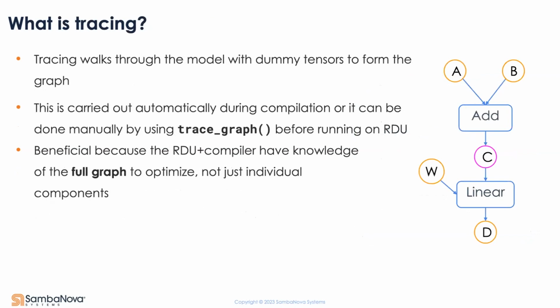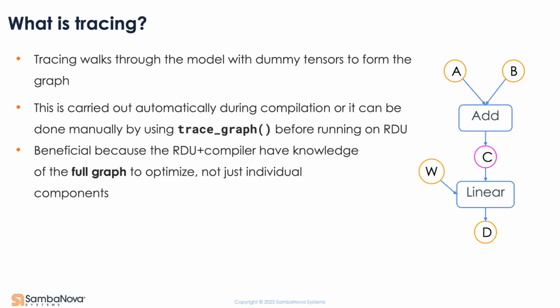So I've mentioned tracing before. What exactly is tracing? Well, what it does is walk through the model with what we call dummy tensors to form the graph. The stack literally walks through your graph to understand how it changes the shapes of its tensors so that it can effectively map onto RDU.